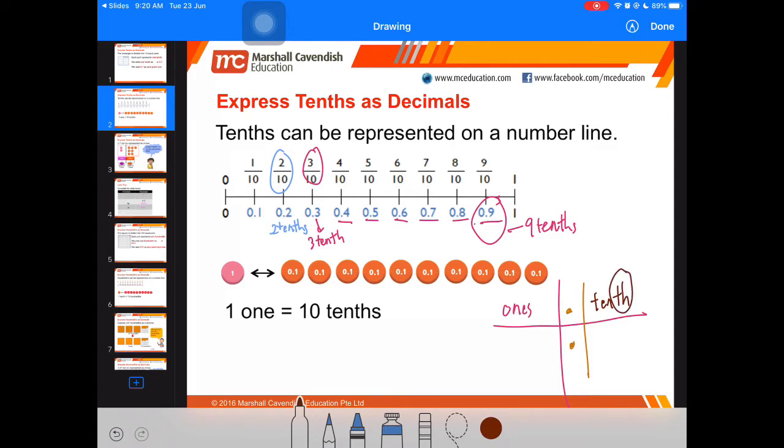So 0.9, if I write it down, will be 0, decimal point, 9/10, or in other words, 9 out of 10 equal parts. You should know how to do decimal to fraction already. Okay, so express the decimal as a fraction. We are going to do a few questions next.